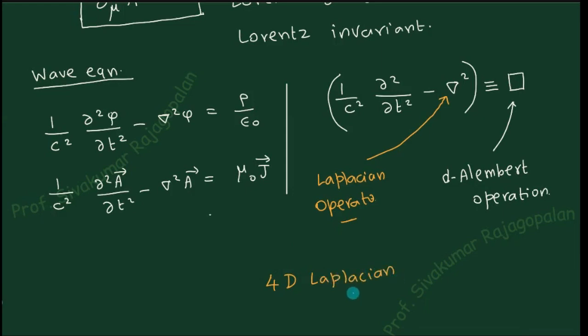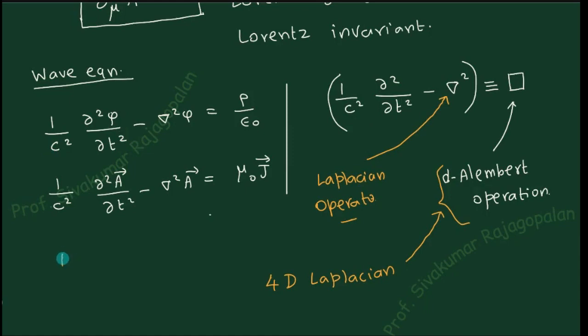That name is okay, fine. Now this four-dimensional Laplacian is what we are going to give the name D'Alembert operator. So the D'Alembert operator is nothing but the 4D version of the Laplacian operator. The only thing is that this is not Euclidean space, and therefore the time component enters the picture. 4 components should be there, right? Already 3 components are there, and 1 component comes like this. So this is the idea, and based on this idea, you can write this equation in this particular form.